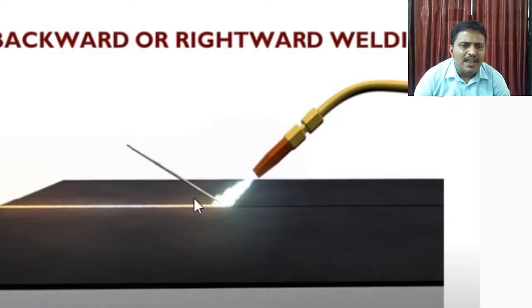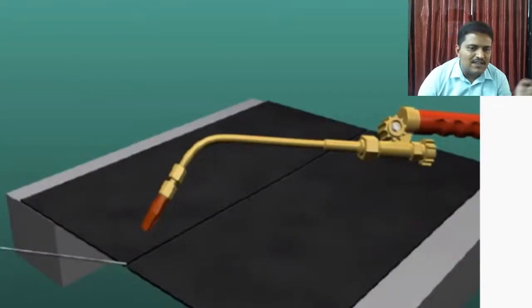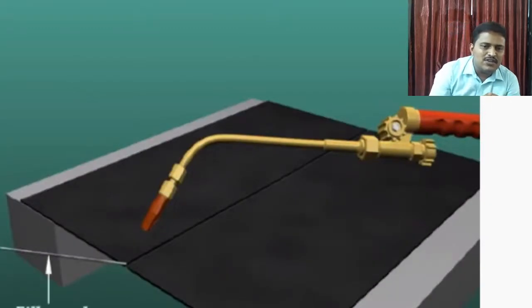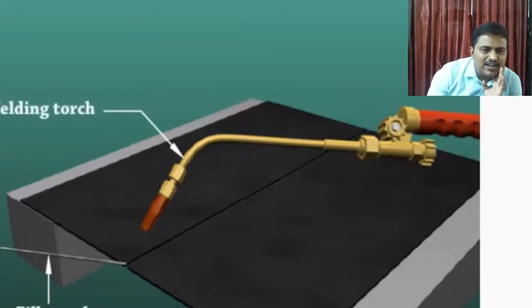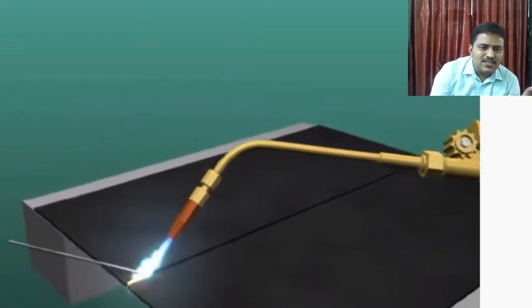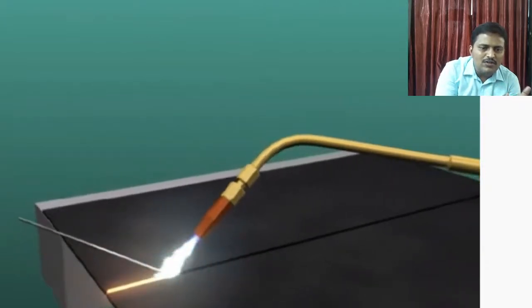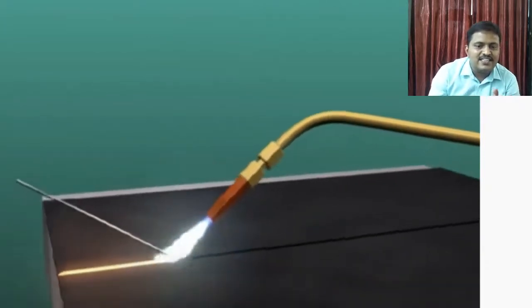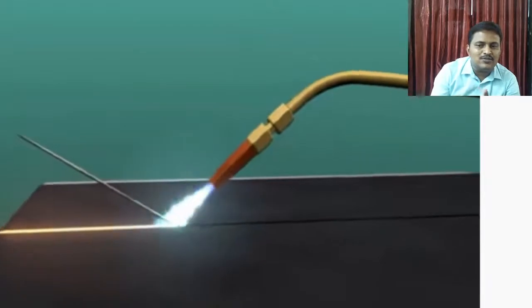Next is the right hand welding process. In the last session we saw the left hand welding process, where the torch moves towards the left side. You can see the filler rod and the welding torch. The flame is ignited now, so the welding process starts. The torch is moving from left hand side to right hand side, hence it is known as a rightward welding process.